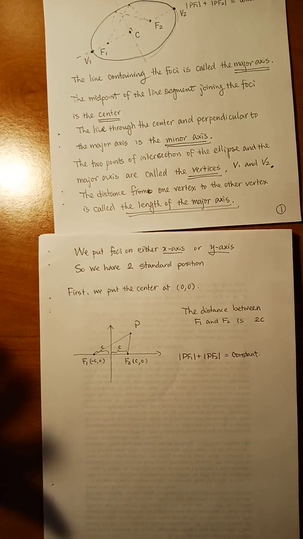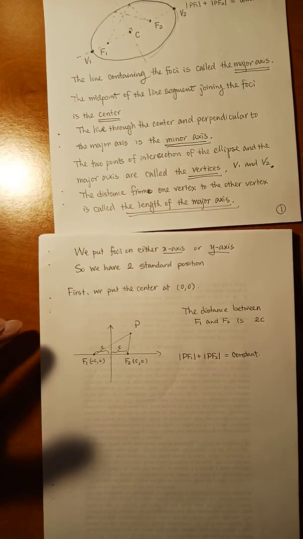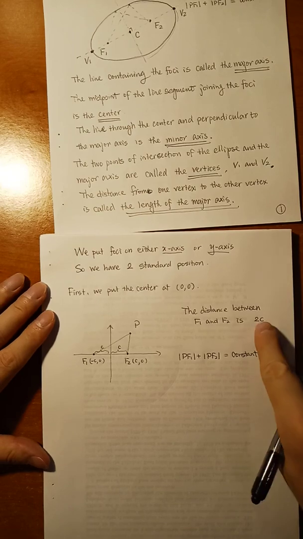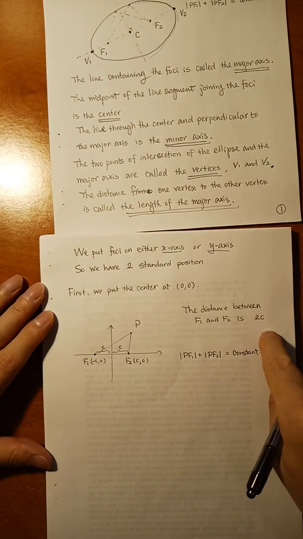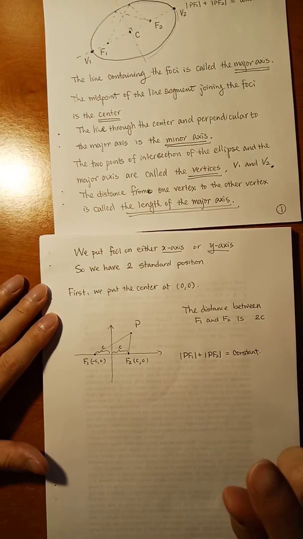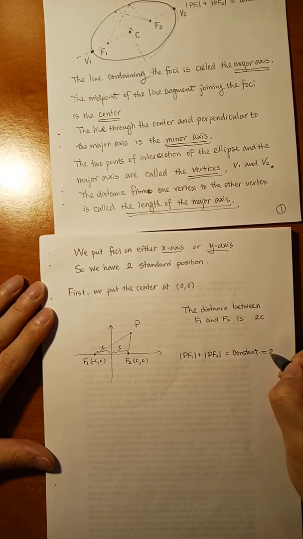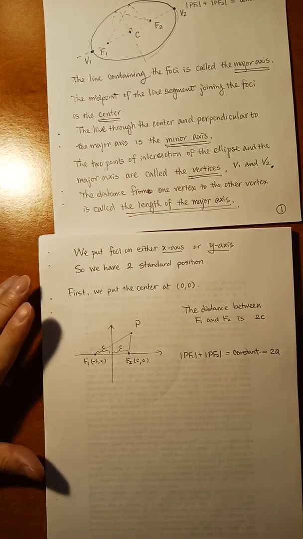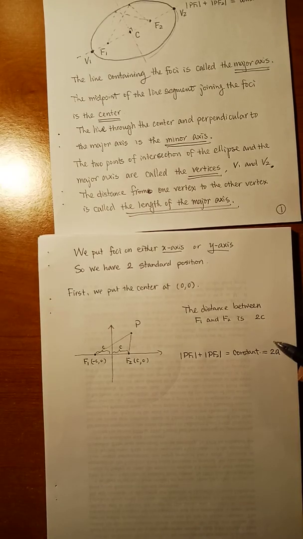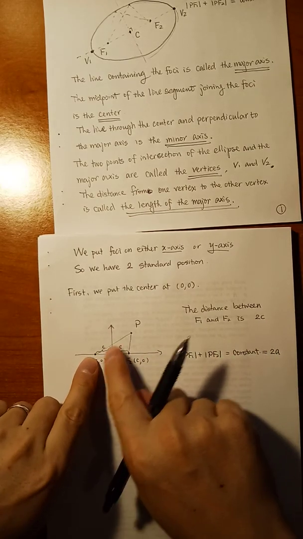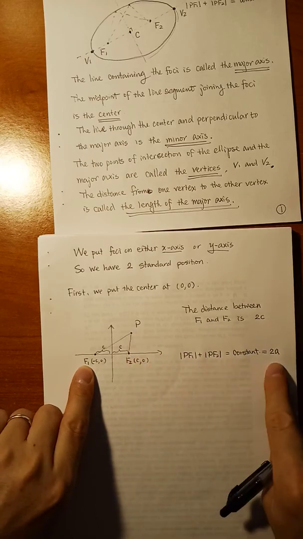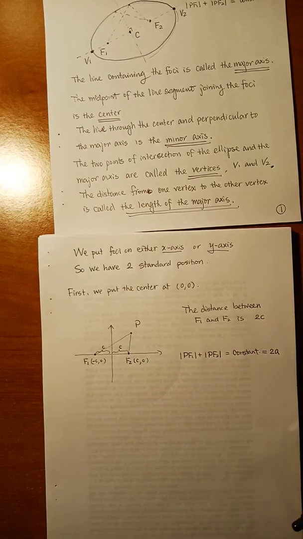The constant can be 10, can be 5, so we are going to use a letter to represent the constant. But because there's a coefficient 2 here, it's better for us to denote the constant by 2a. So the sum of PF1 and PF2 is equal to 2a.